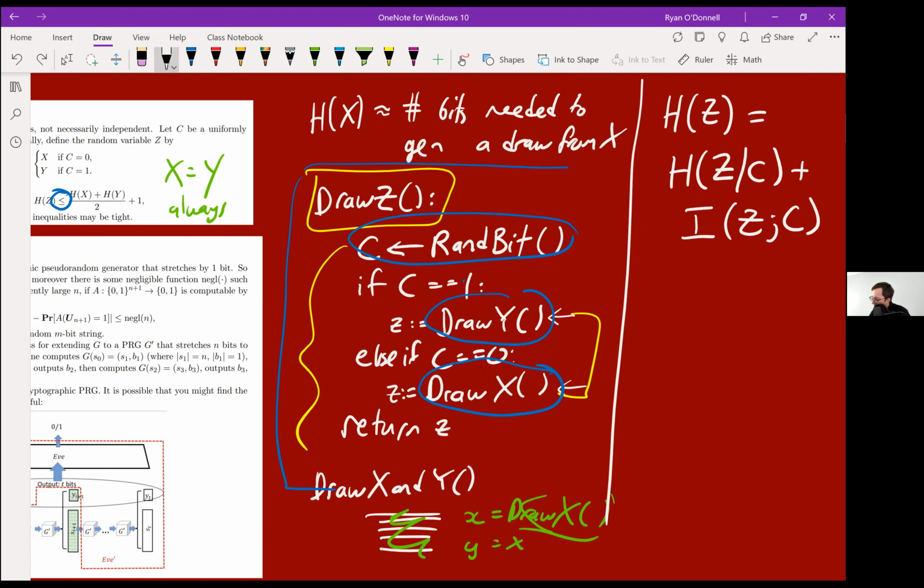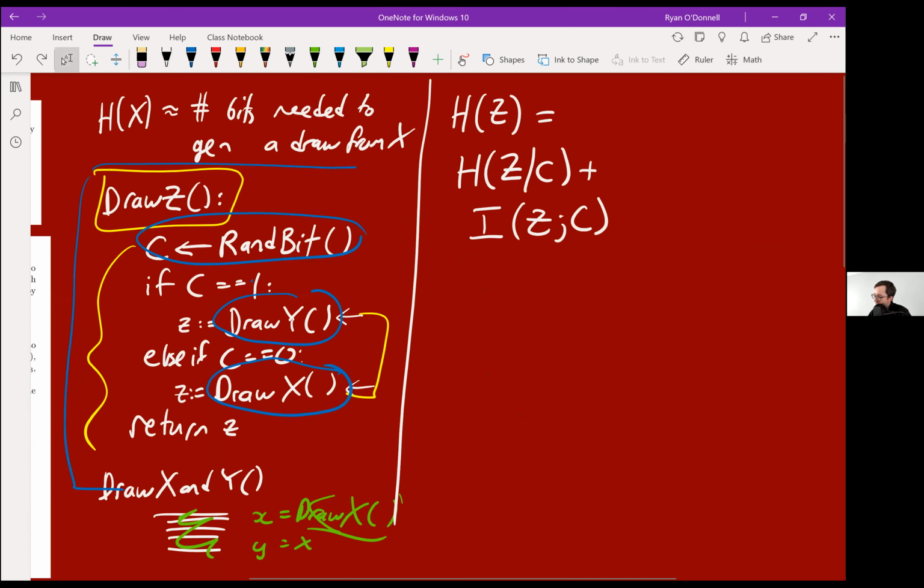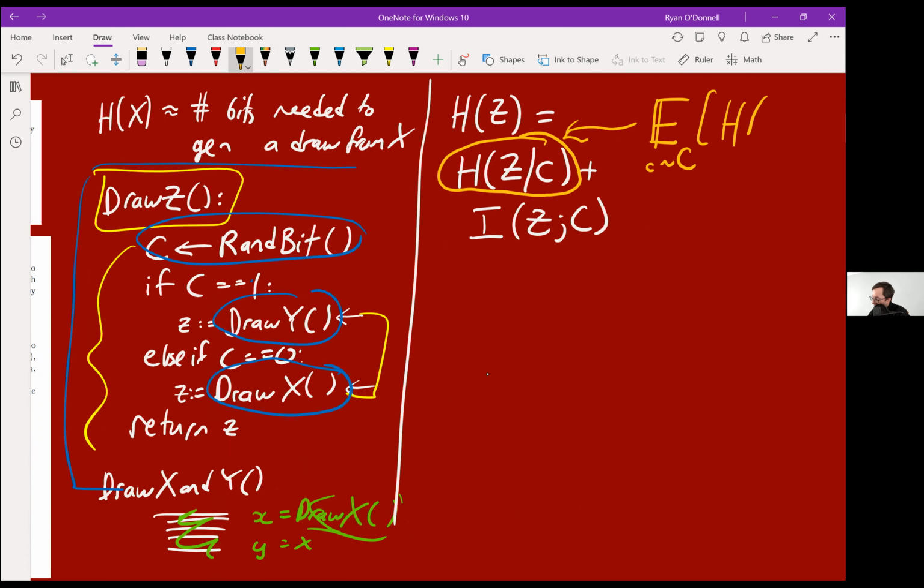So we may want to match this up. Yeah. I suppose we should remember, what is this quantity, H of Z given C? Expectation. Yeah, this is really an expectation over little c drawn from capital C of the entropy of the random variable Z conditioned on C being little c. It's kind of funny notation.